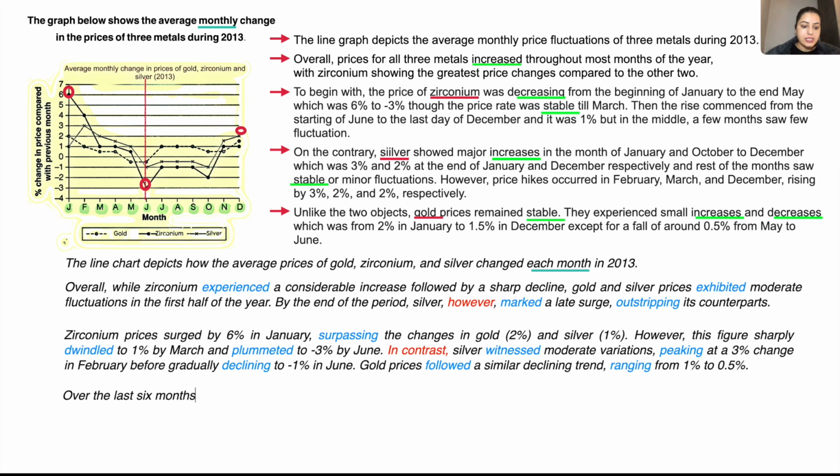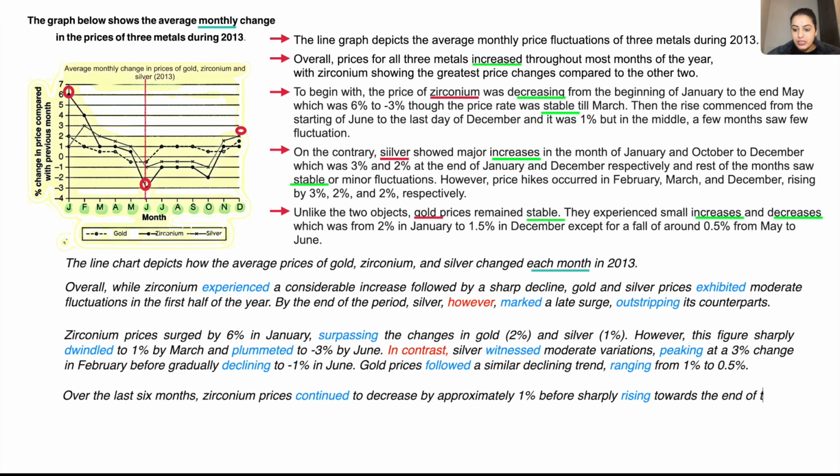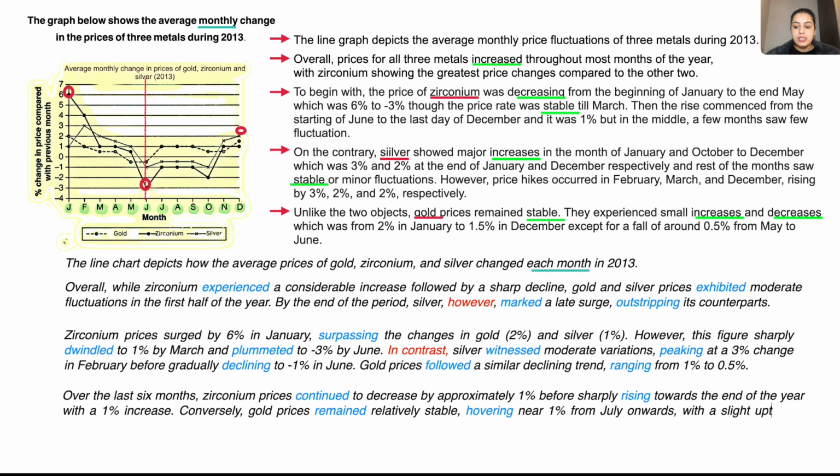Over the last 6 months, zirconium prices continued to decrease by approximately 1% before sharply rising towards the end of the year with a 1% increase. Conversely, gold prices remained relatively stable, hovering near 1% from July onwards, with a slight upturn in December.